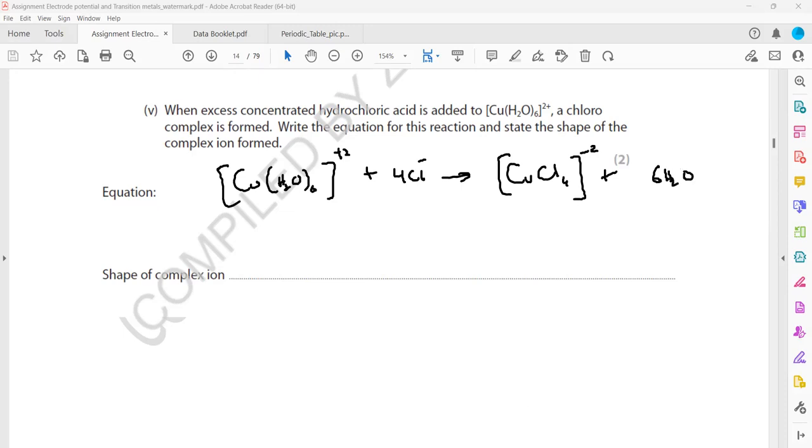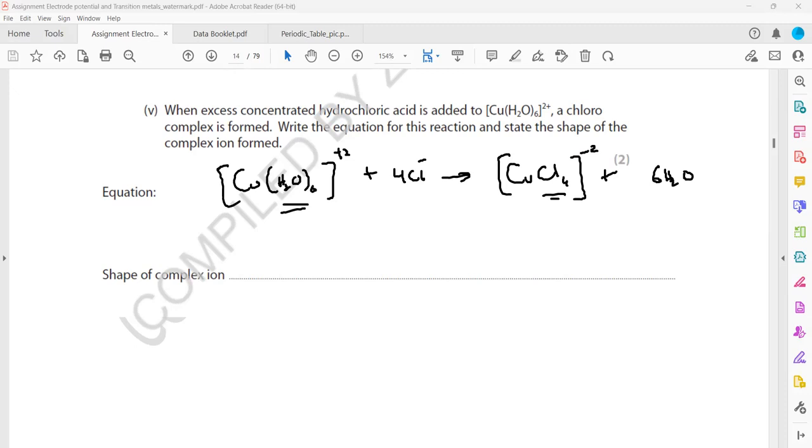This is the equation. And what is the reason why 6 water can attach but only 4 chloride? Because chloride ions are larger in size, as well as they have a charge on them, so they are repelling each other. That's why fewer chloride ions can attach to the complex as compared to a neutral ligand. And there are 4, so whenever 4 are there, it will be tetrahedral.